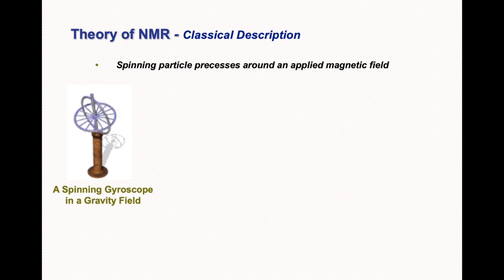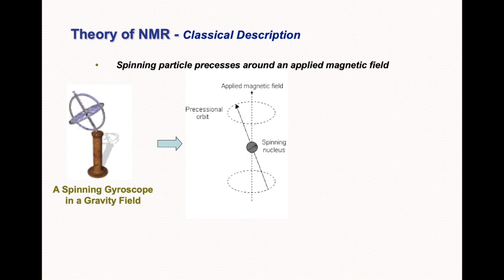This rotational motion can be correlated with gyroscopic motion. I am sure that most of you would have seen gyroscopic motion, if not, at least a spinning top. So the point here is, an atomic nucleus with non-zero spin will behave like a tiny bar magnet, and the moment it is placed in an external magnetic field, it rotates on its own axis.